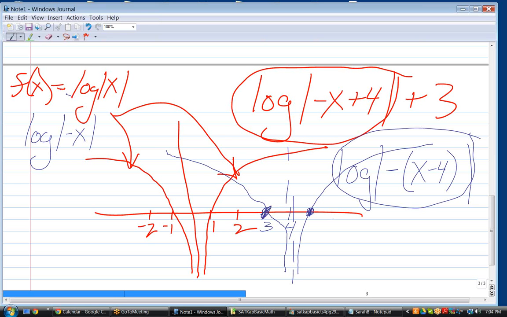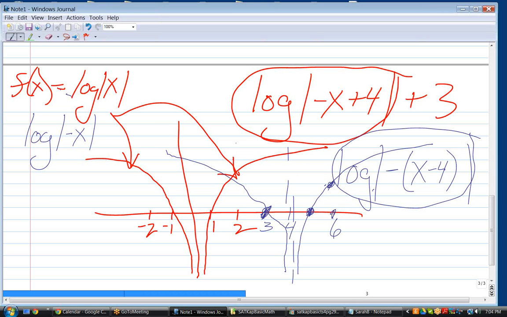Now let's see, if x is 6, then we would have the log of 2, which is going to be higher up. And if x were 2, it would be 2 minus 4, minus 2.